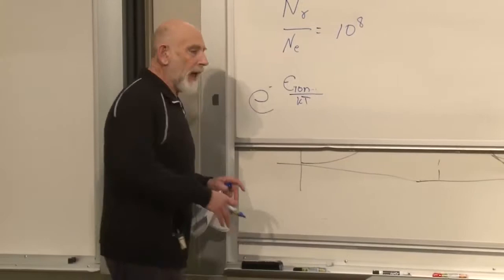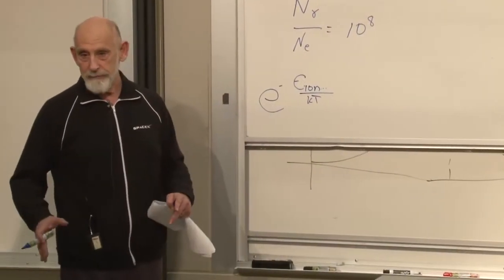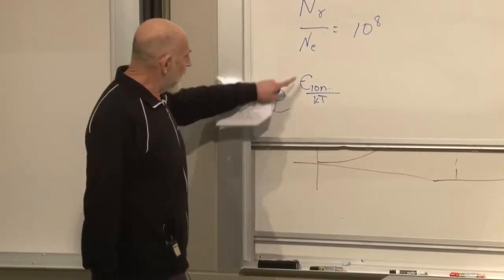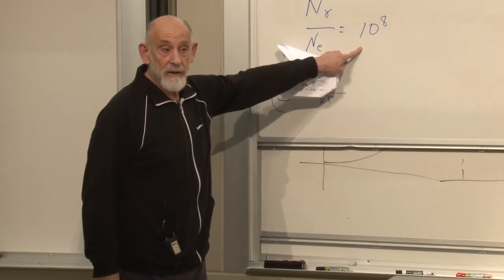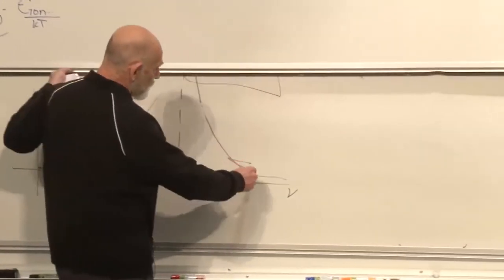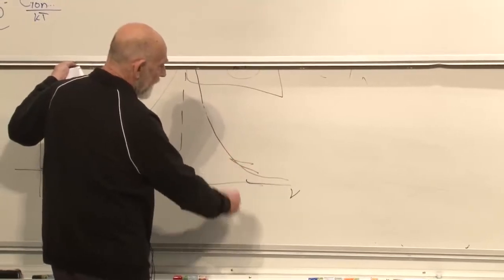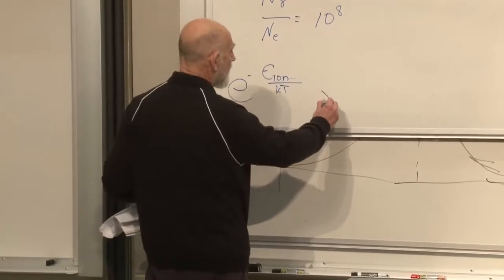In other words, per atom, how many photons are there that can do the job? And the answer is this number times 10 to the 8th. So in other words, we're actually operating in the tails of the distribution here. We have to multiply this by 10 to the 8th.